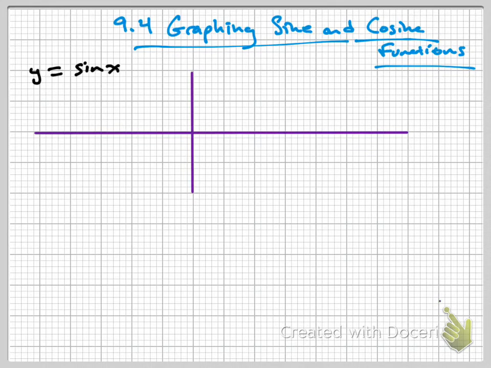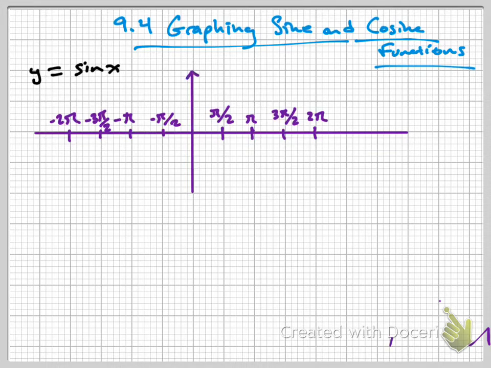If I'm thinking about my sine function, I'm going to go by units of pi. So this would be 3 pi over 2, and this would be pi over 2, and here we go, negative pi over 2. I'm doing my units in terms of pi, and hopefully you'll see why in a second.